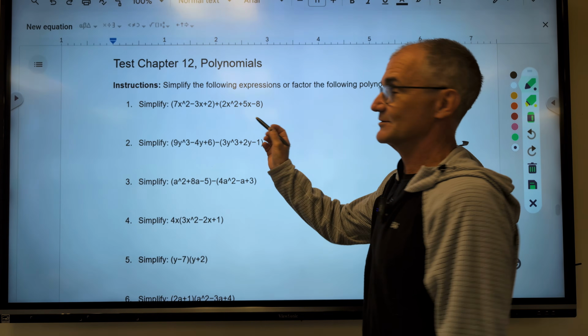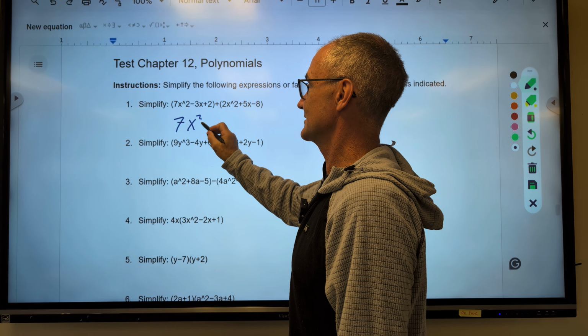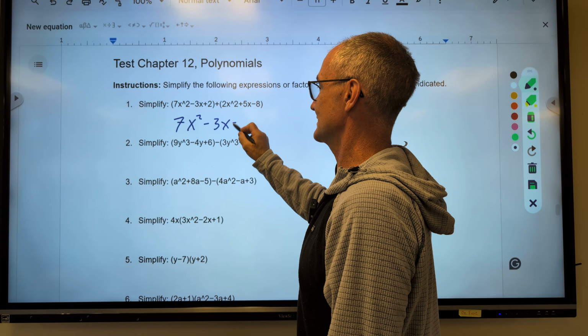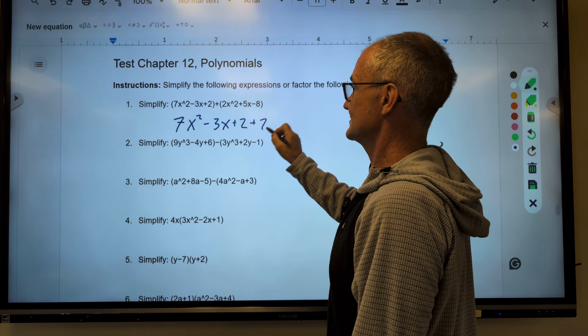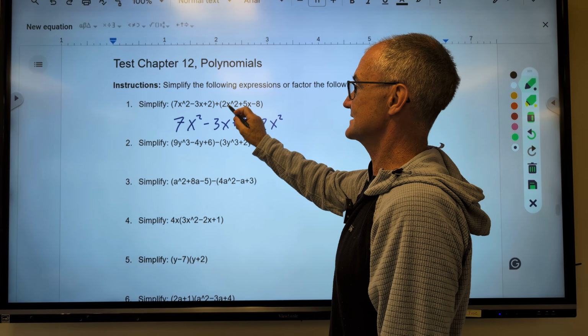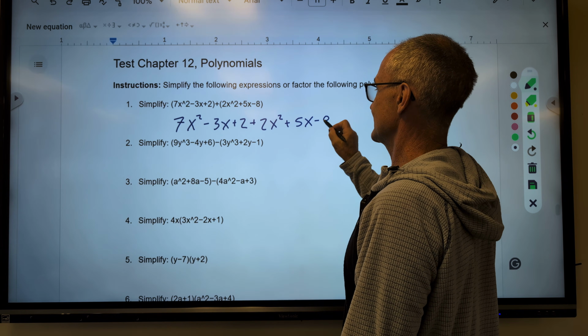Actually, I'll just do this with the first one, rewrite it. This is the same thing as 7x squared minus 3x plus 2, plus 2x squared, plus 5x minus 8.